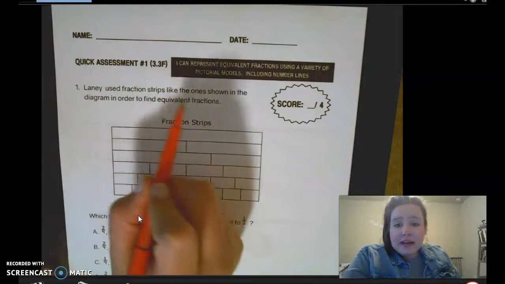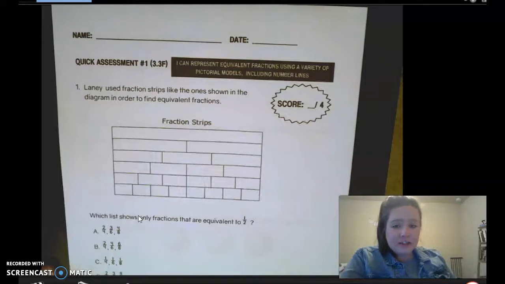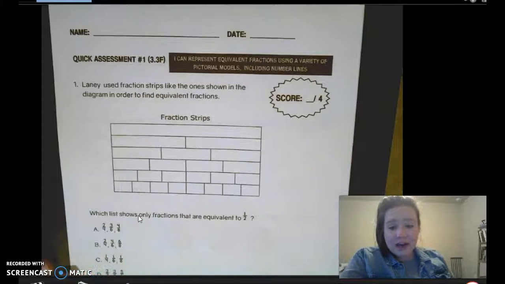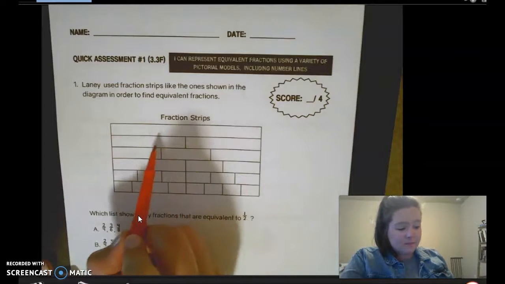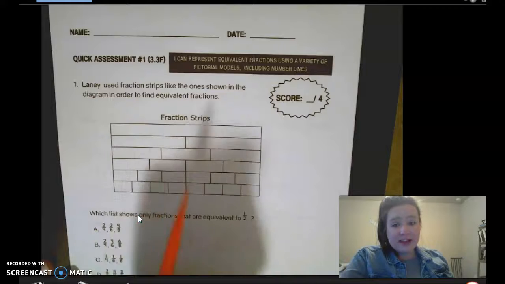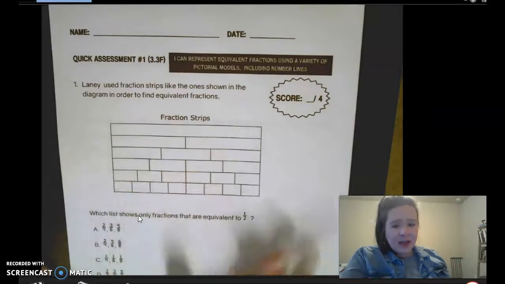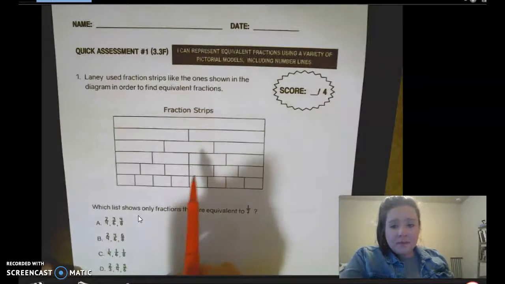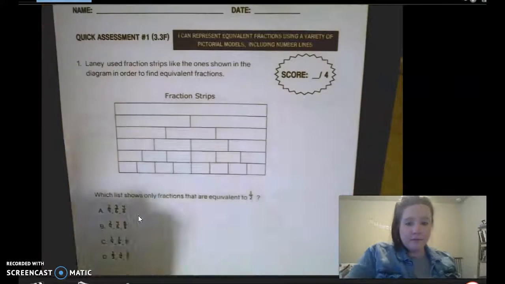Lainey used fraction strips like the ones shown in the diagram in order to find equivalent fractions. And this is basically what we created earlier this week. We have just cut them up so we can manipulate them and fold them and things like that. Which list shows only fractions that are equivalent to 1/2?